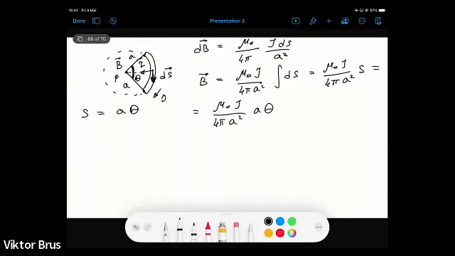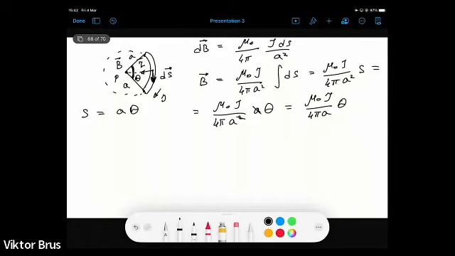So we cancel out this square and this a, and eventually we get mu naught I over 4 pi a times the angle theta.